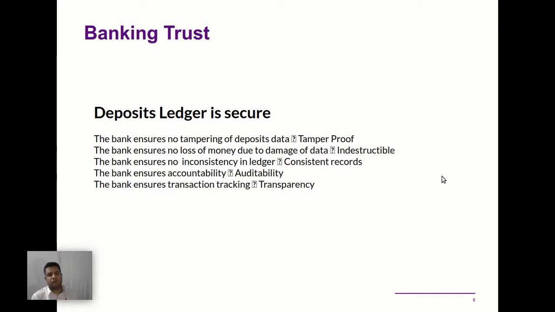Now let's come back to the concept of trust. What happens is that banks have to maintain a level of trust so that people can continue to deposit money in banks with the assurance that this money is always secure.